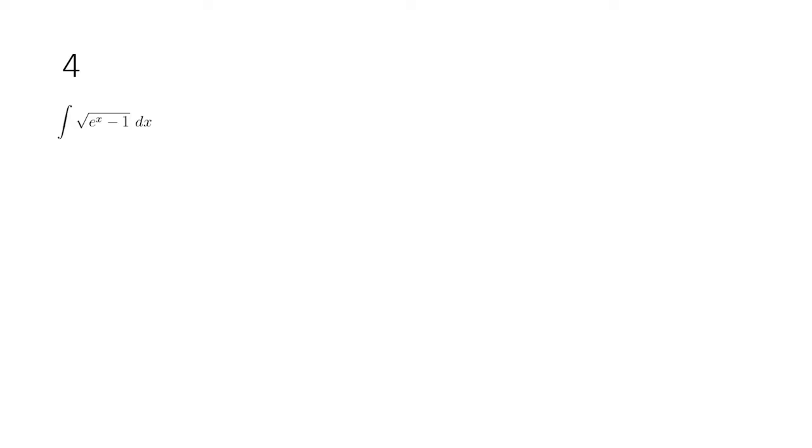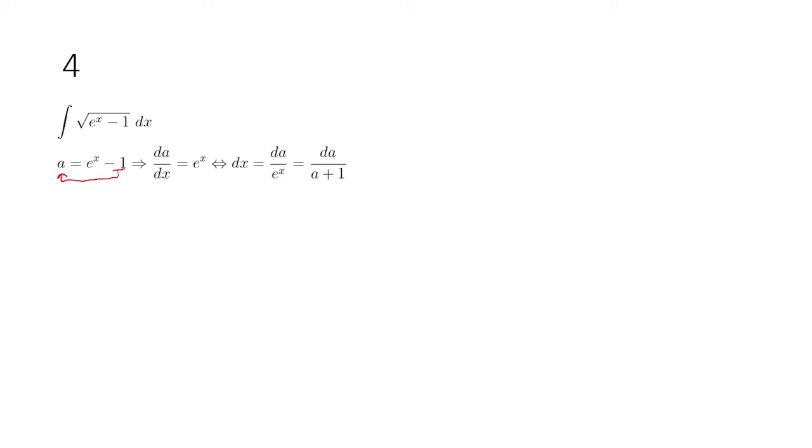So first off, we'd like to do some variable substitution, where a is equal to e to the power of x minus 1, such that we will get the derivative of a with respect to x is equal to e to the power of x, which, if you pay attention to the original substitution, is equal to a plus 1.